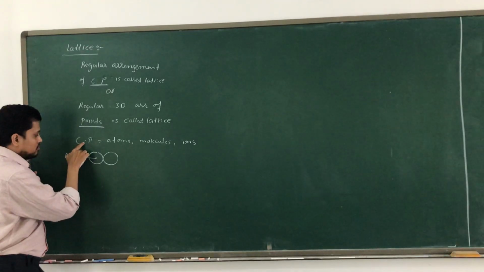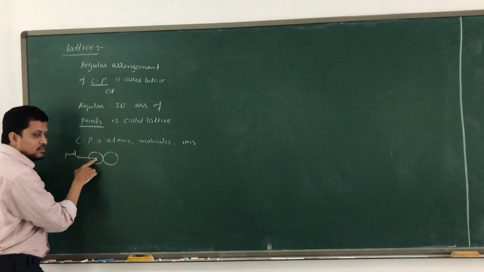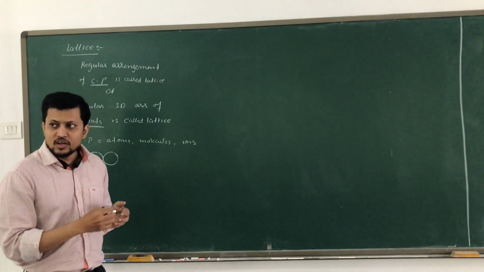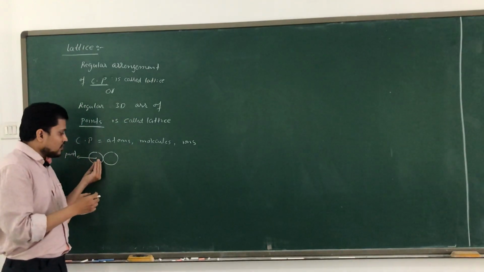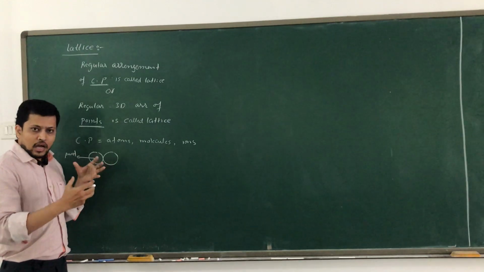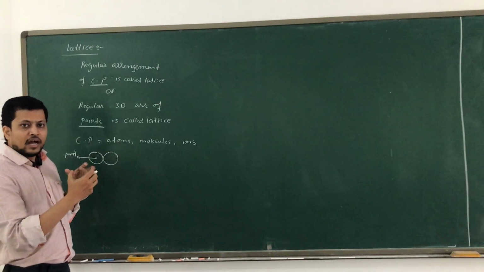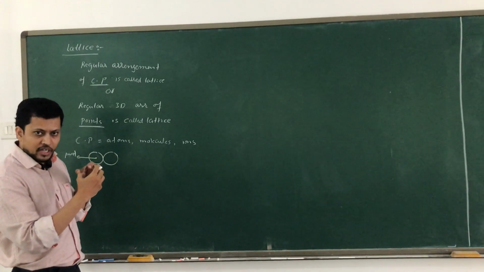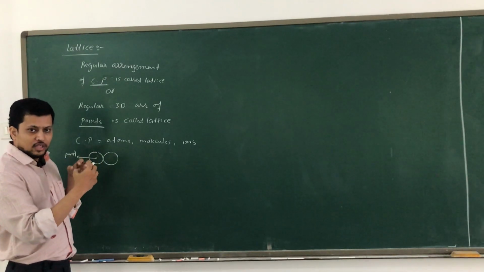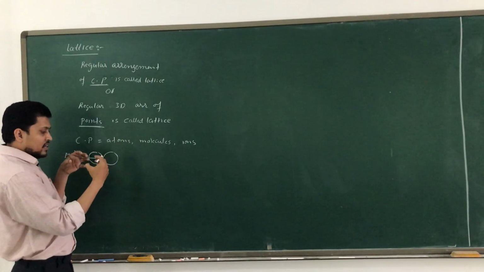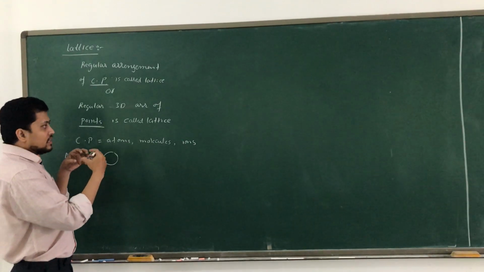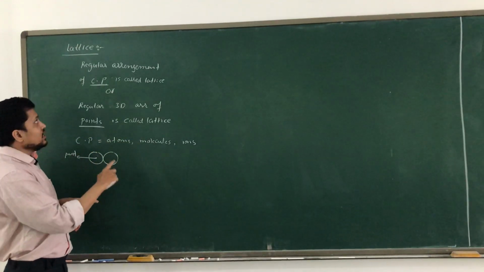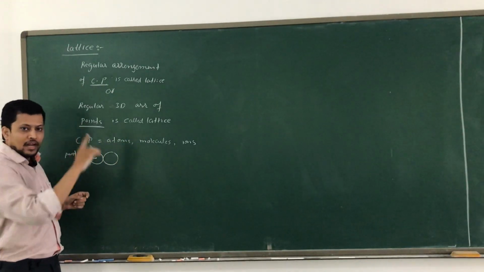Constituent particle, and the center of the atom is considered as what? Point. In the solid state, atoms are arranged by attractive forces in close proximity, one after another in a regular way in total three-dimensional form, which is called lattice.